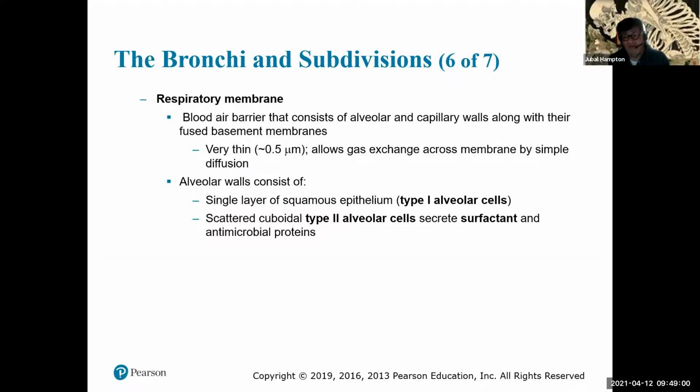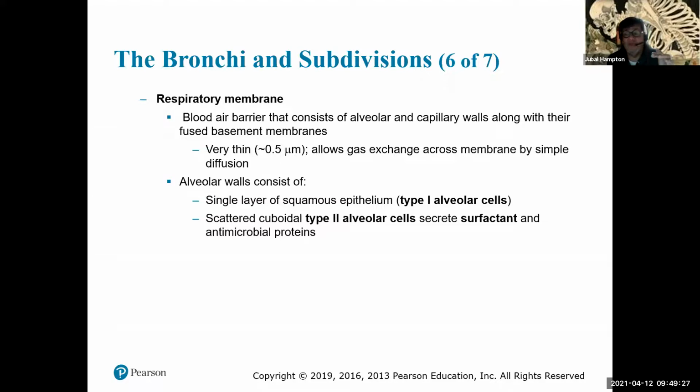Without surfactant, these alveoli collapse closed. Without it, every breath that you take is a struggle. In the past, these babies would die mostly within a week because it was just too hard for them to breathe, and we didn't have artificial respiration or anything for them.